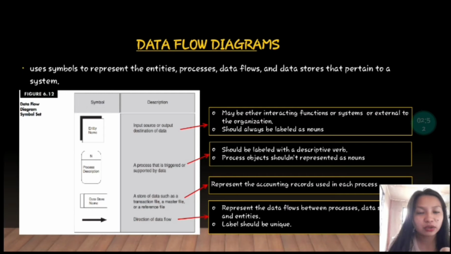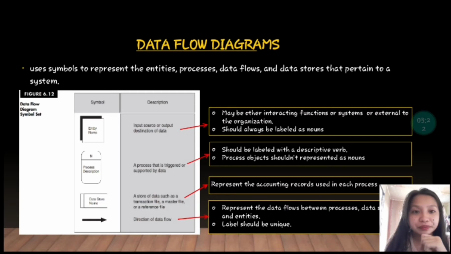As based on my examples given, there are verbs there, the update, the ship, and the receive, because it is a process, so it is more on action. That is why it is labeled with a descriptive verb, not with nouns like the warehouse or the accounts receivable department or the sales department. So it should not be labeled like that in the process description.